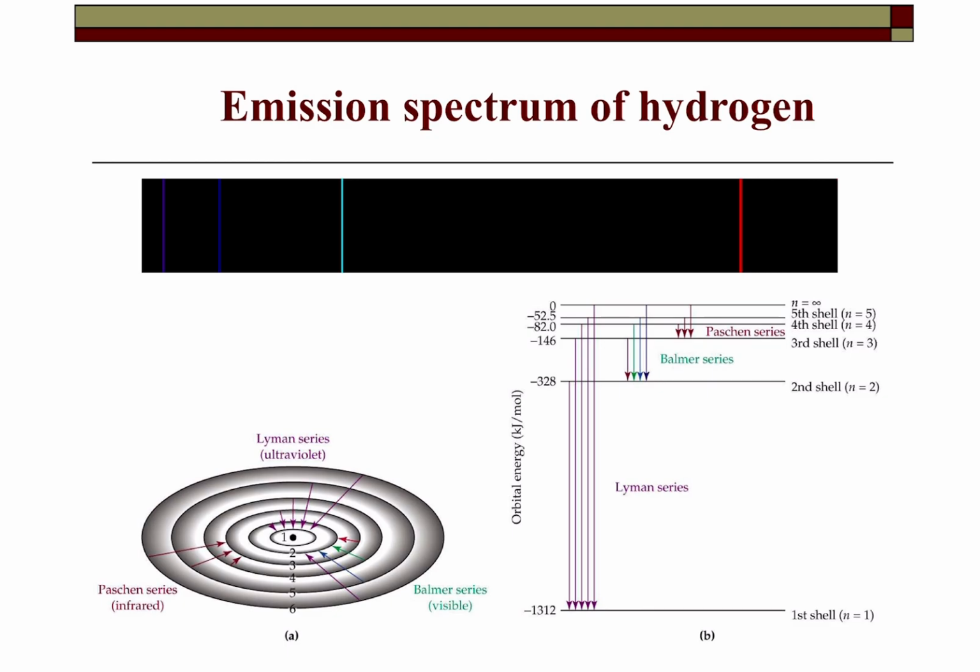In the Lyman series, the hydrogen spectral series, the transition gives the resulting ultraviolet emission line of hydrogen as the electron goes from the second level to the first level. And this starts the principal quantum number.